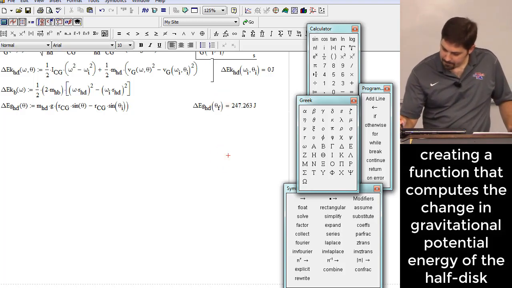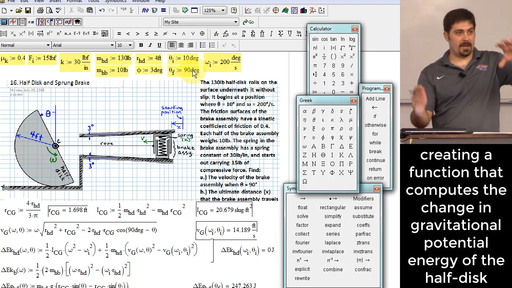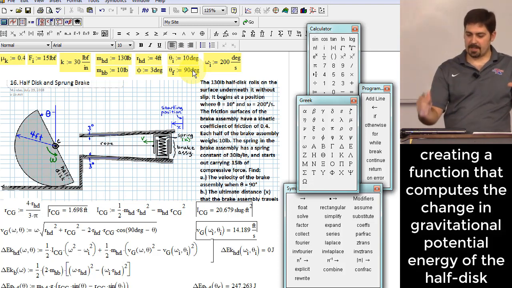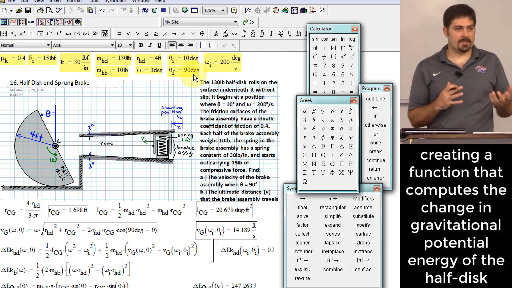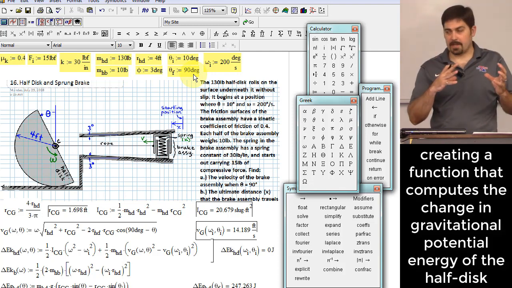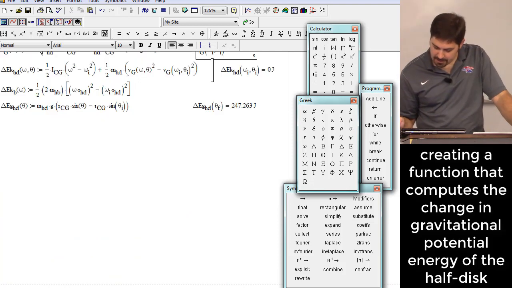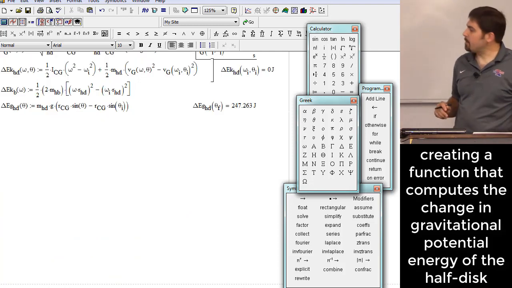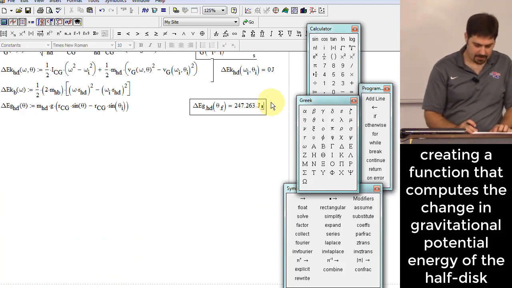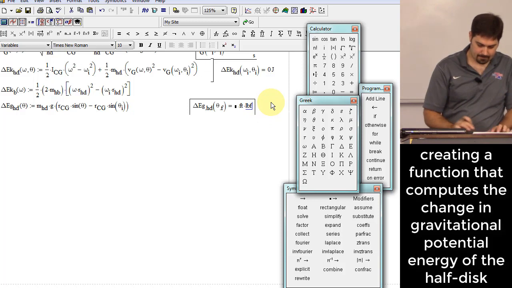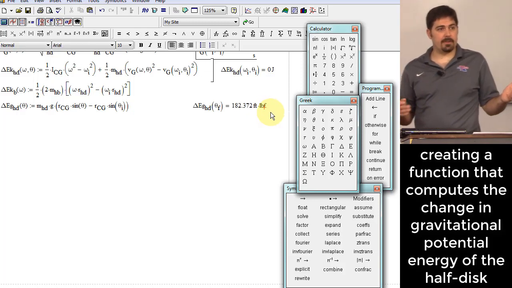I used that as one of the things I'm supposed to evaluate, when theta is 90 degrees, right? Then I should have some velocity at that point, right? I've also had a change in the amount of gravitational energy. So now my question is, should that be positive or negative? And it says joules right now. I'd rather have this in foot-pounds. Not that it matters. Should that be positive or negative?